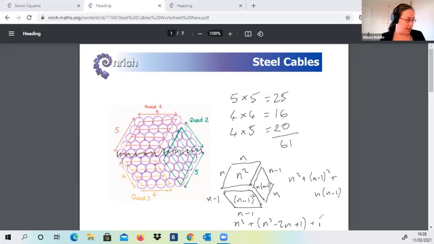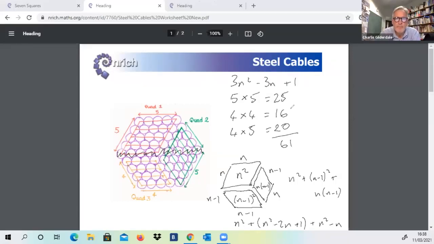And then I'm getting n squared minus n. And I've run out of space at the bottom of the screen, but I think that simplifies to, is it 3n squared minus 3n plus 1. Plus 1. Okay, well, that's quite nice.